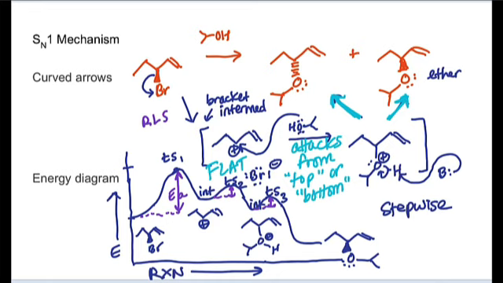So in the mechanism, losing the leaving group to form the carbocation is the rate limiting step. And that's always what we're going to see. The rate limiting step in any unimolecular reaction, so that's SN1 or E1, is going to be formation of the carbocation.